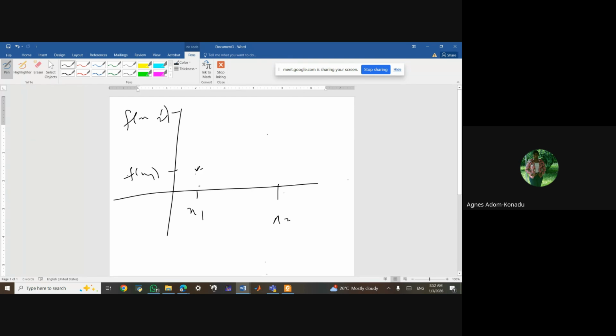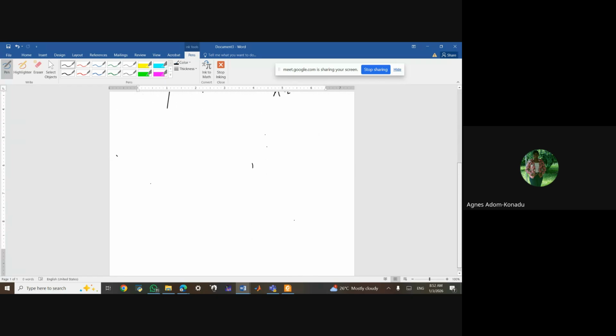When I draw the graph, it's going to be something like this. It says that this has a positive gradient, so my m is greater than 0. When you have something like this, you call it an increasing function. The function is increasing.